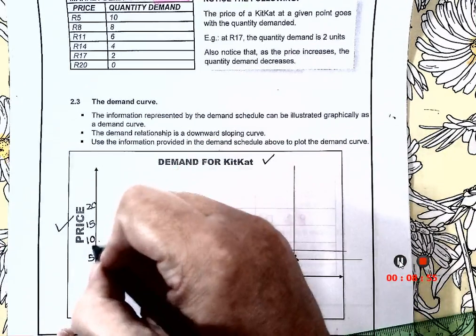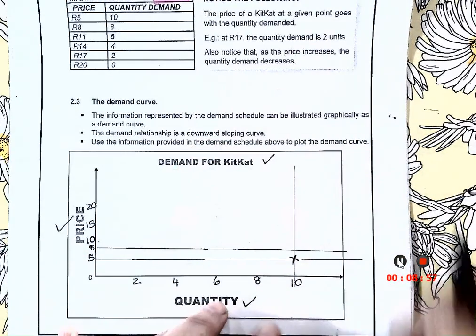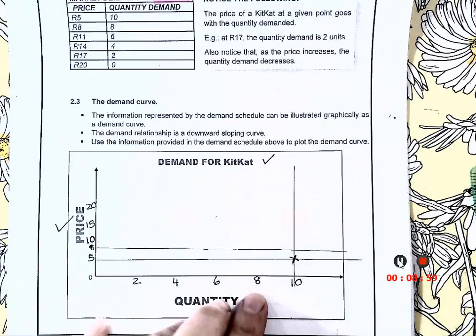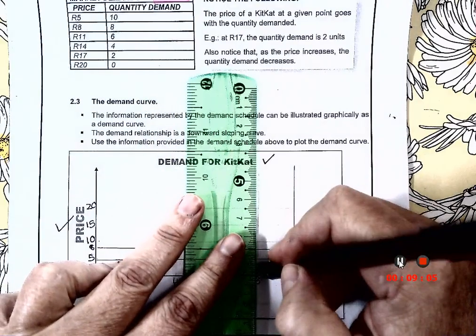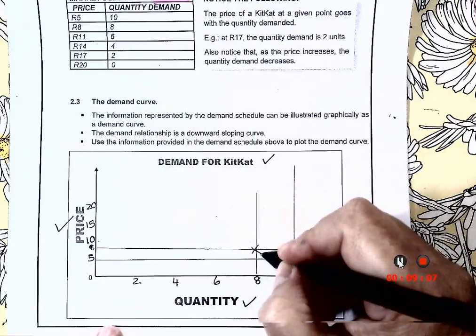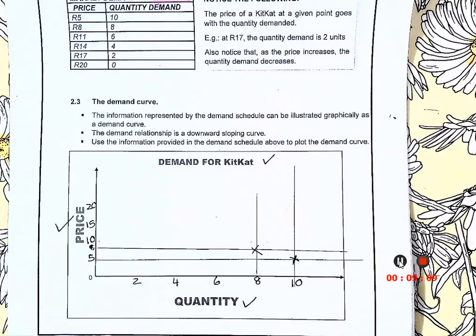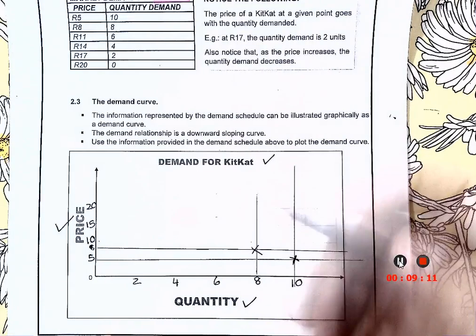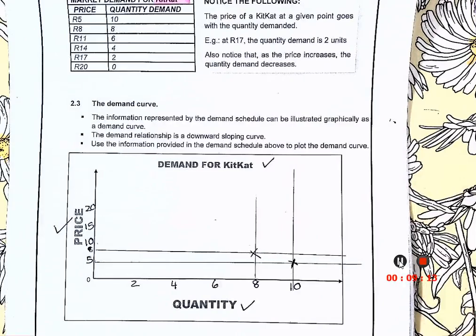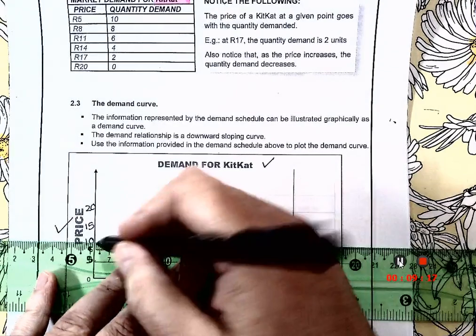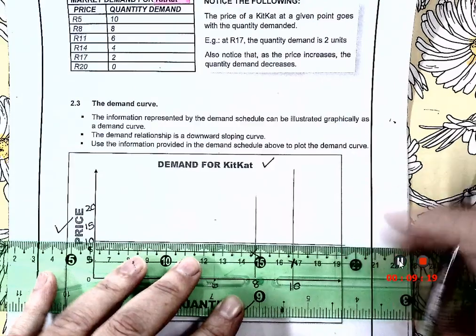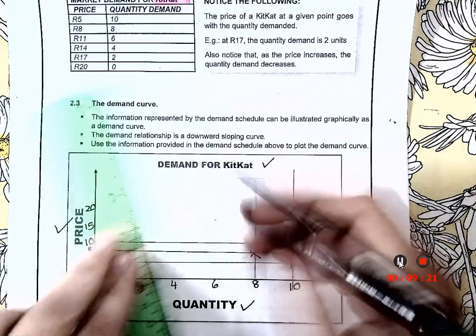And here is 8. Can you see? So if 8, that line goes up, there's my 8. Now I'm going to do it with the 11 and 6. So 11 is just a little bit above 10. And 6.